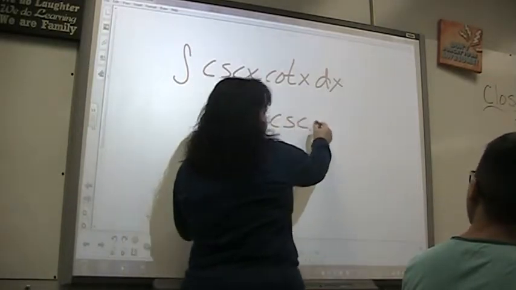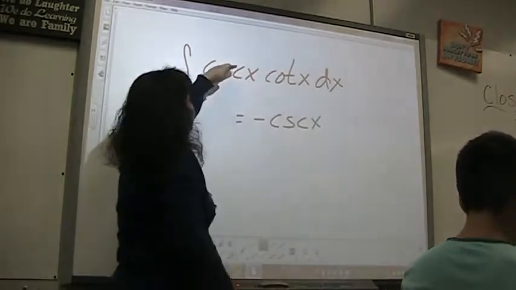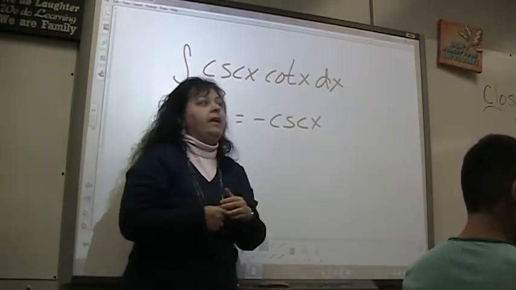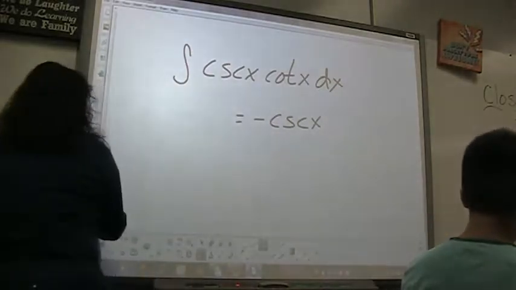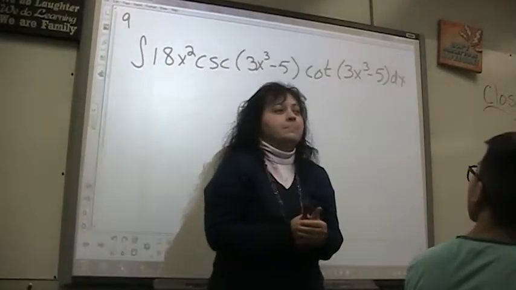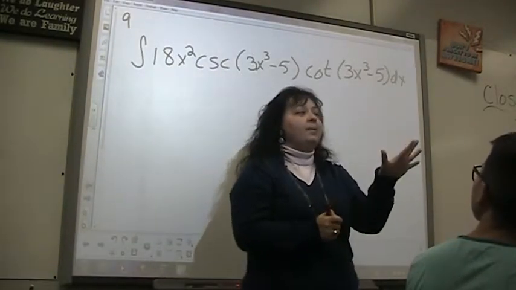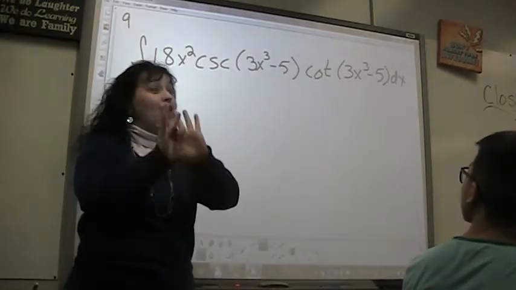Negative cosecant. If this doesn't have a negative here, it has to have a negative here, right? Y'all can tell me that's right now, right? Why is it different now? Because there's no... Stop. Let's not focus on all the other stuff.